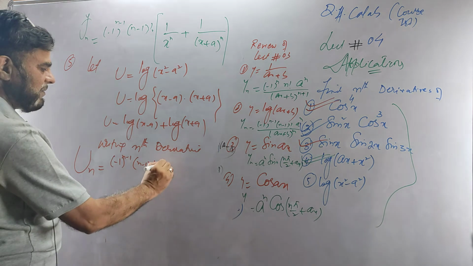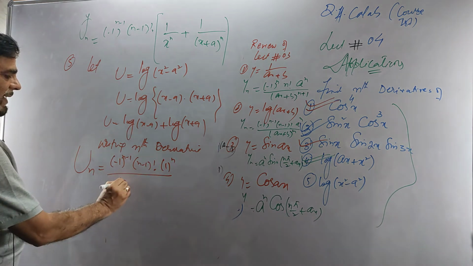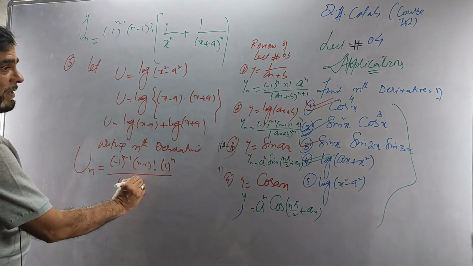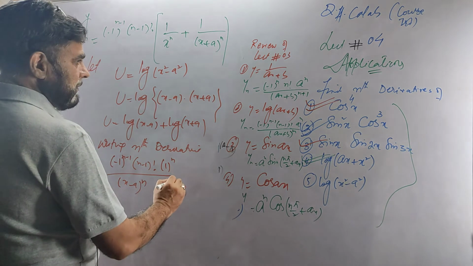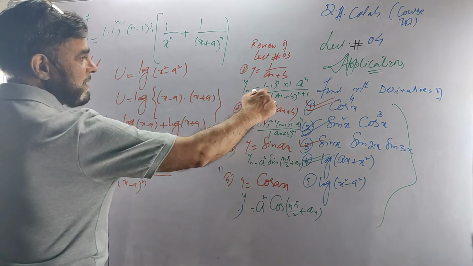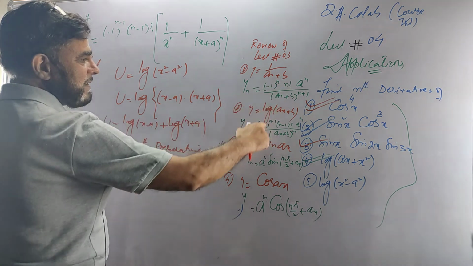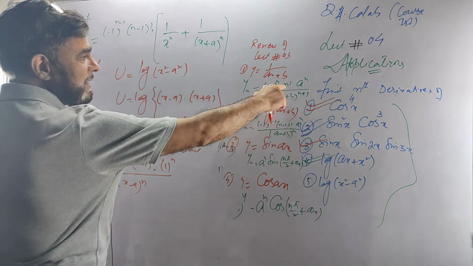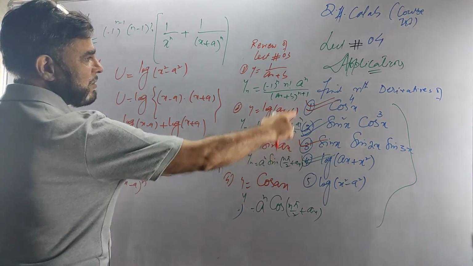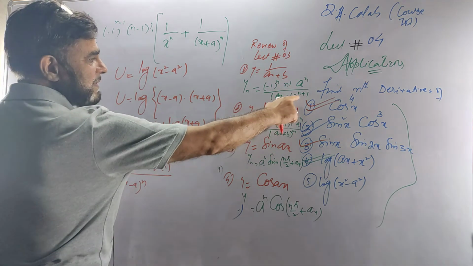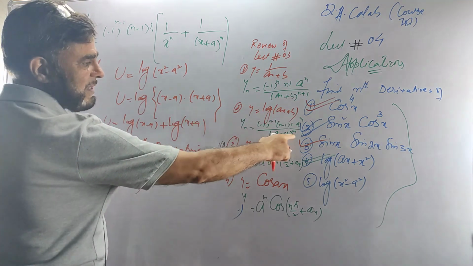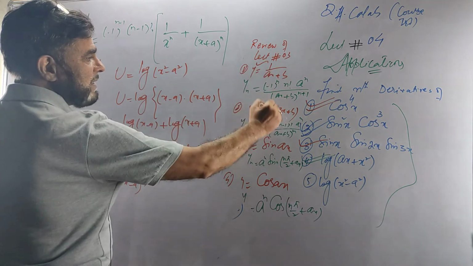The coefficient of x is 1, so 1 raised power n, by x minus a raised to power n. You should compare this. What is the nth derivative of this? It just resembles, but here it is minus 1 raised power n minus 1, n minus 1 factorial, and ax plus b raised power n, whereas the other result has minus 1 raised power n, n factorial, and ax plus b raised power n plus 1.